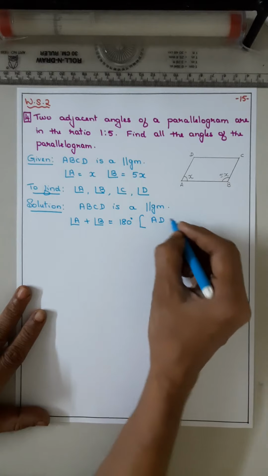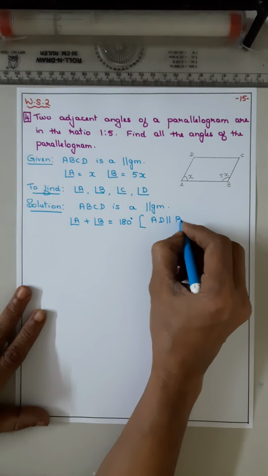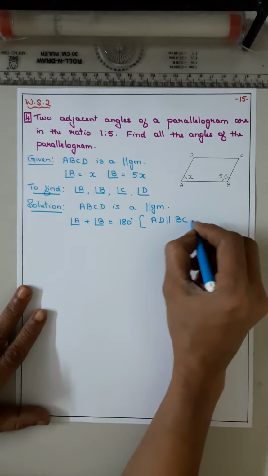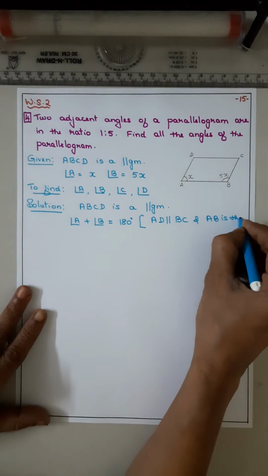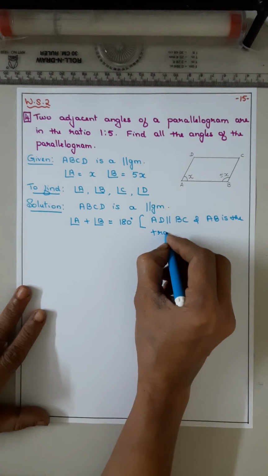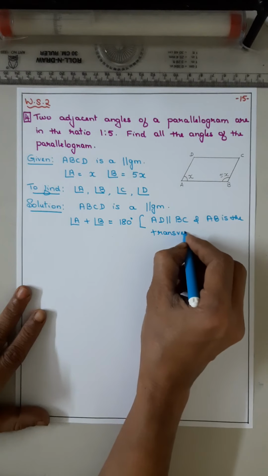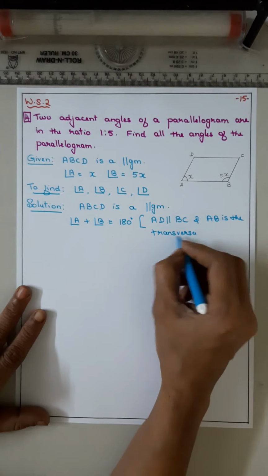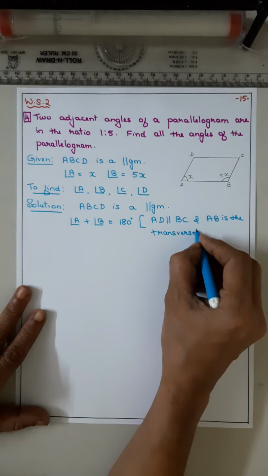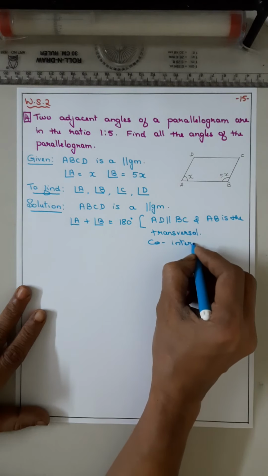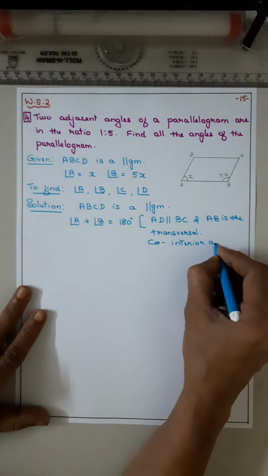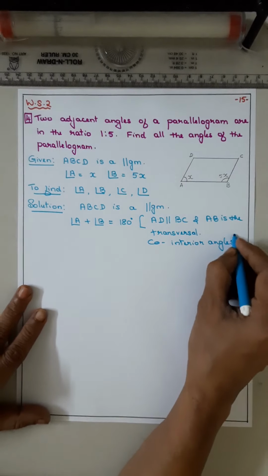AD is parallel to BC and AB is the transversal, and therefore A and B will be co-interior angles.